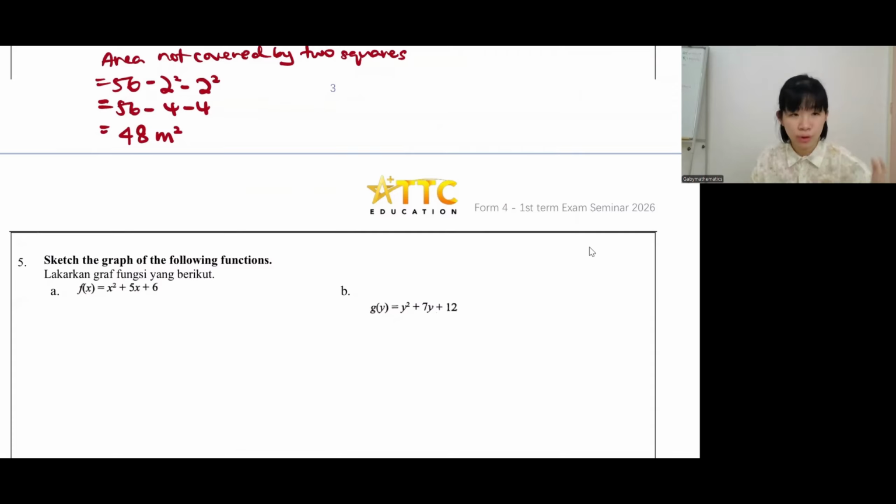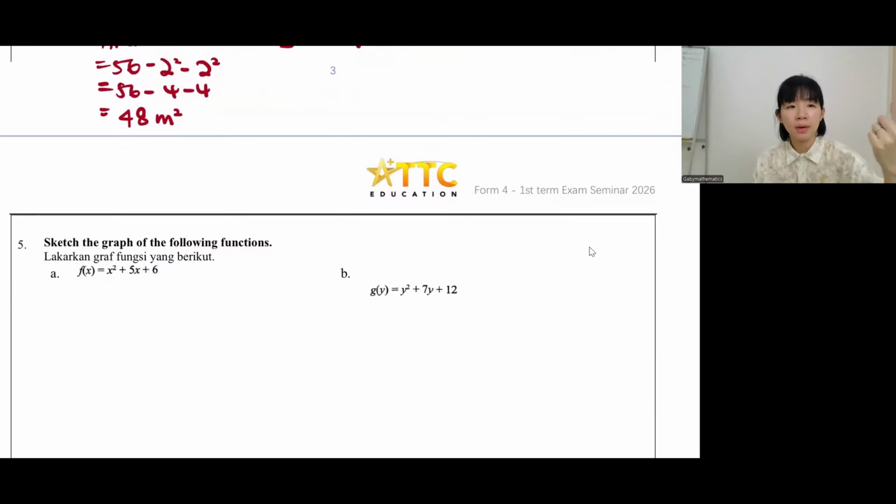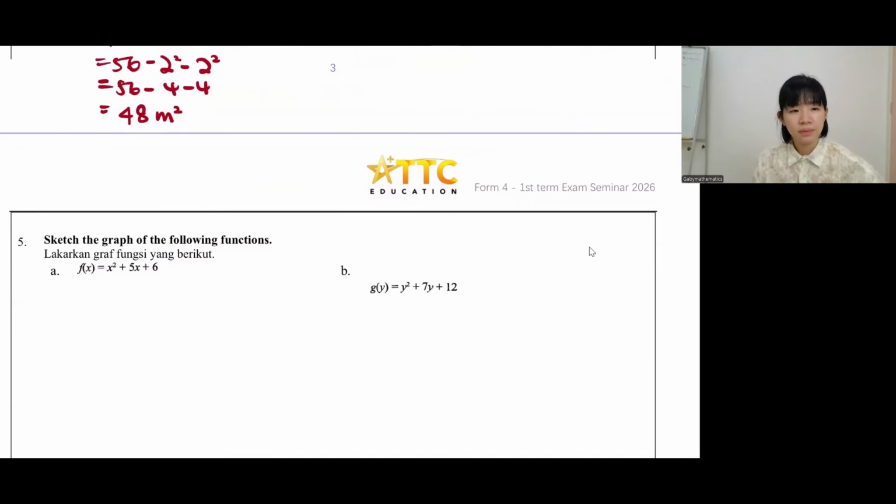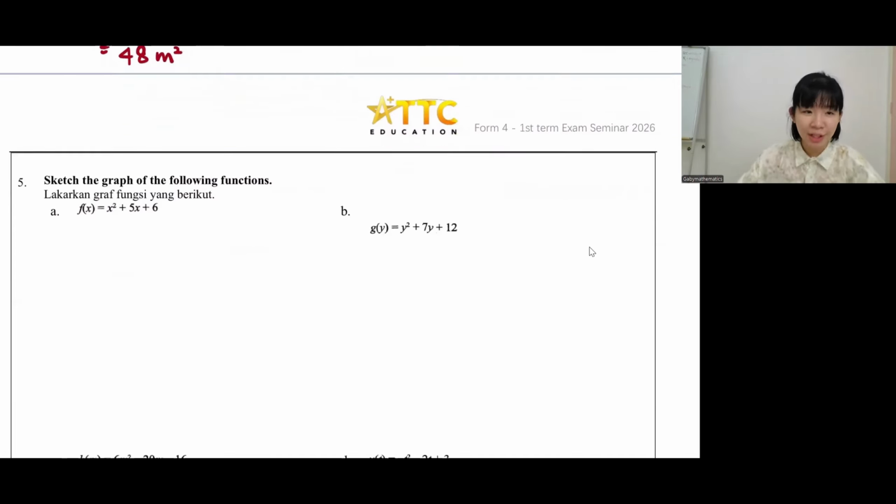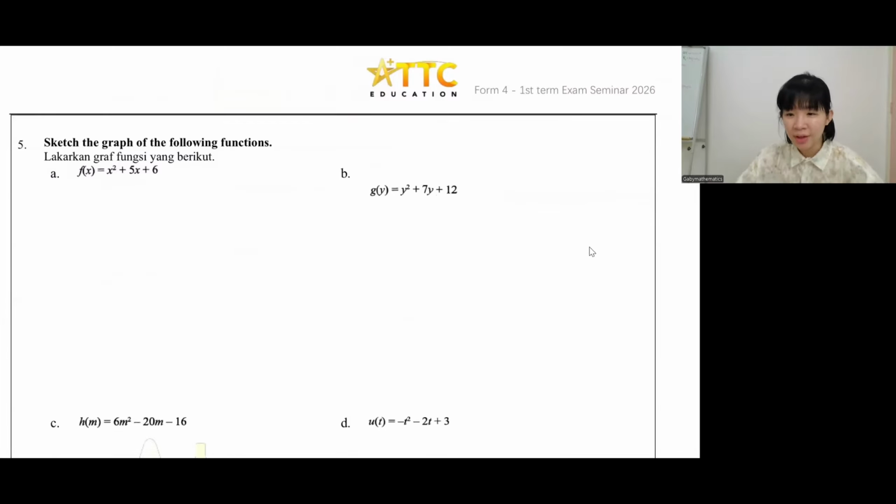So most of the exam will come up Form 3. Form 2, Form 3 will take the majority. Form 4 got, every topic one question. Really, so you have to practice a lot of Form 3. Later we do it. Form 3 more or Form 2 more? Good question. I would say Form 3 more.